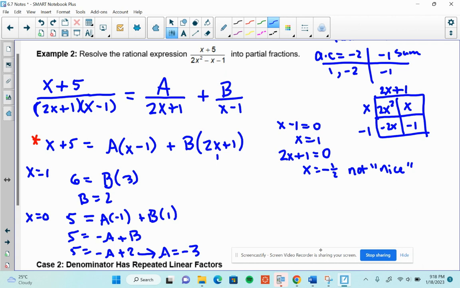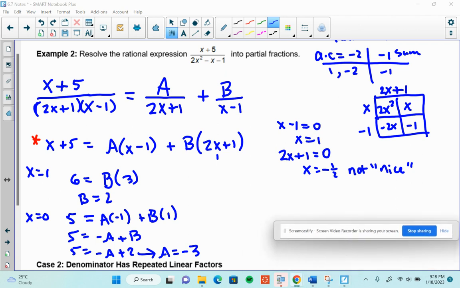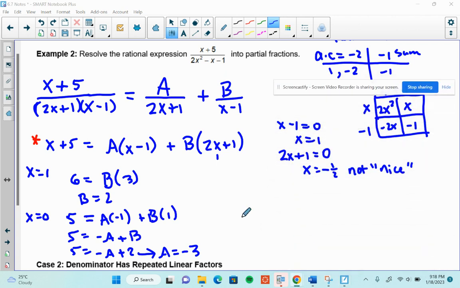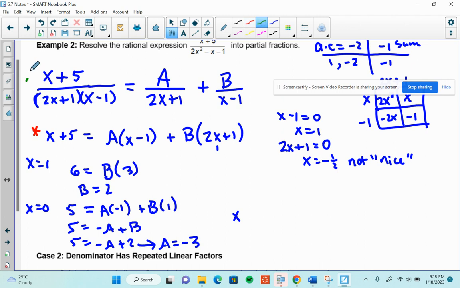Okay? And then the last step for this is to rewrite the red starred equation. Oops, not that one. This one. Rewrite this equation with the a and b plugged in.